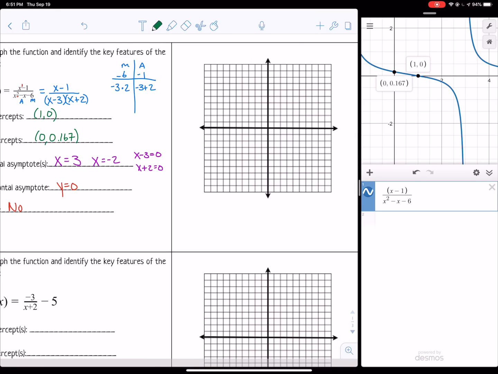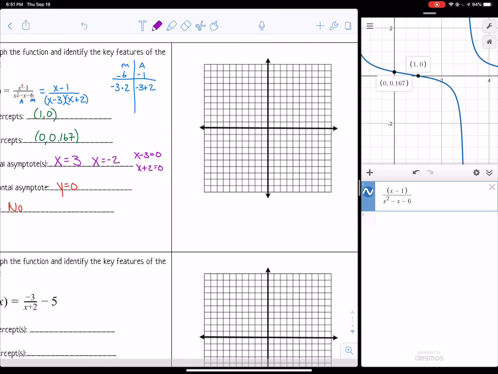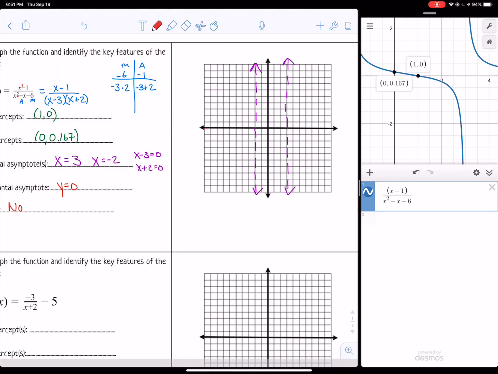So let's use our asymptotes to help guide where we're going to sketch it. So I'm going to sketch the vertical asymptote at x equals 3 by drawing just a dashed vertical line at x equals 3. And another one at x equals negative 2. And then I'm going to draw a horizontal asymptote at y equals 0, which is just the x-axis.